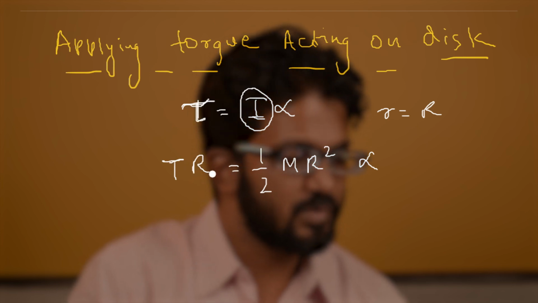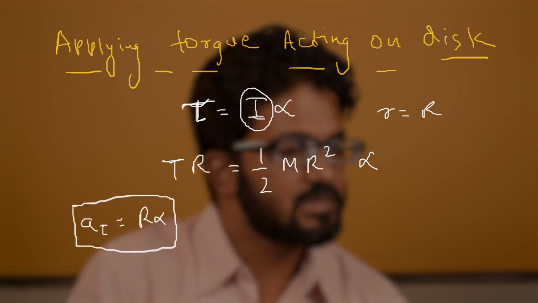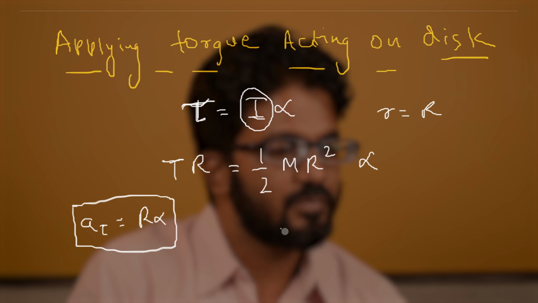While solving this, we can apply that a tangential is nothing but R alpha. So we can write alpha in terms of acceleration, which is a by R, and put it in this equation.